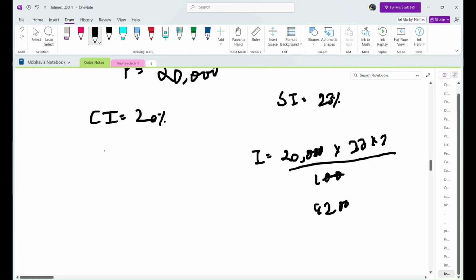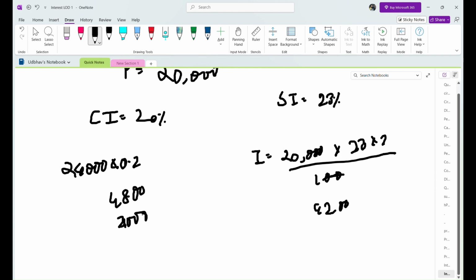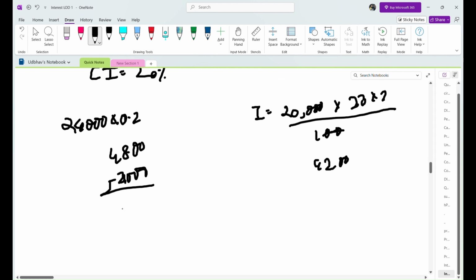And for the next year, 24,000 into 0.2, that will be 4,800. 4,800 plus 4,000, which will give us 8,800.